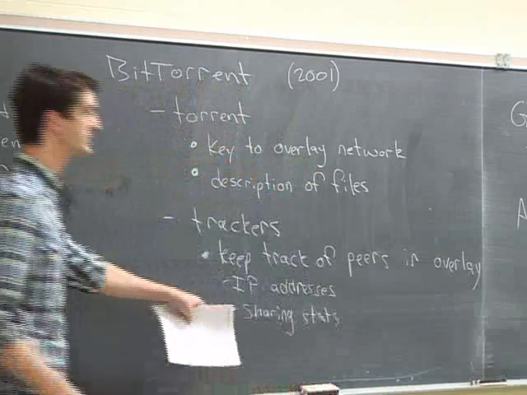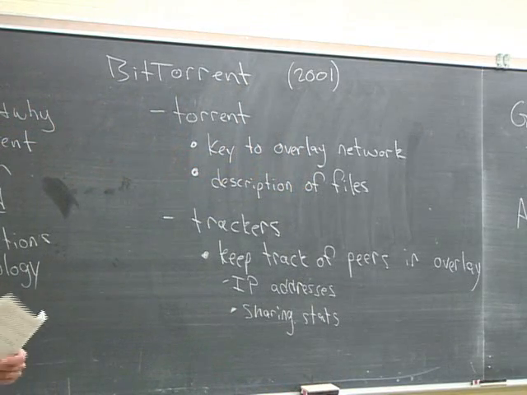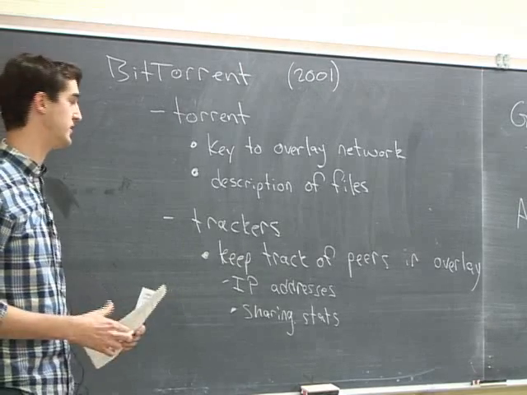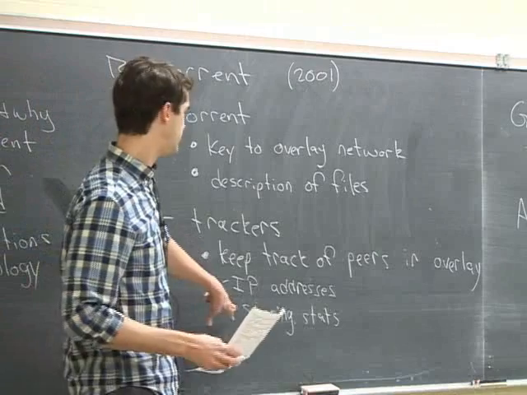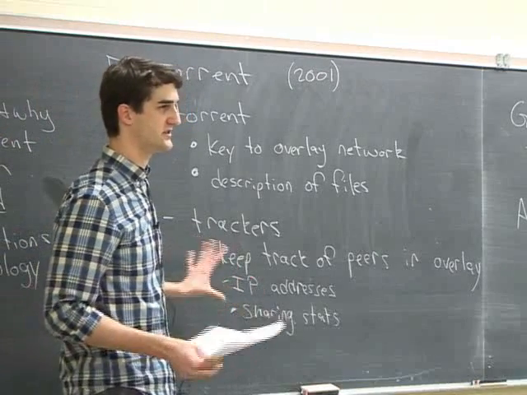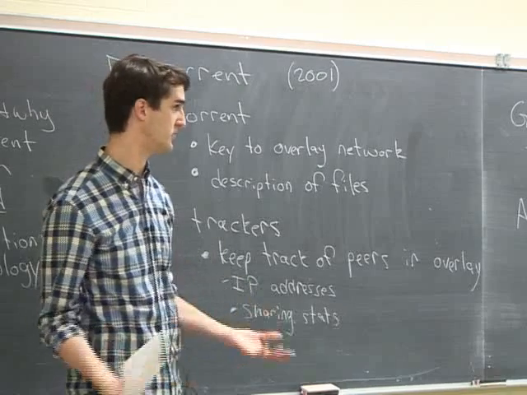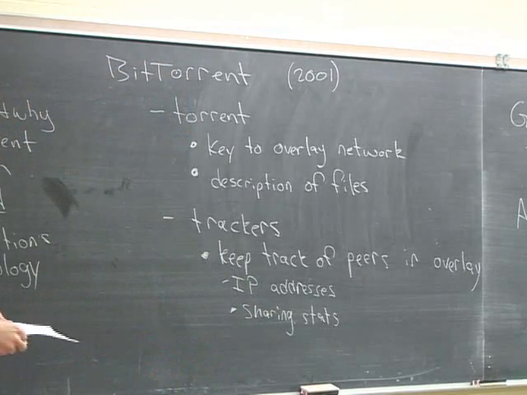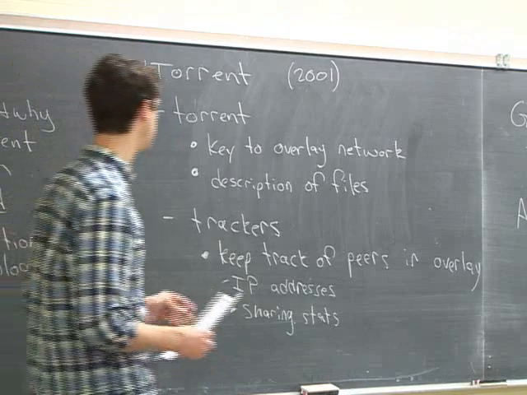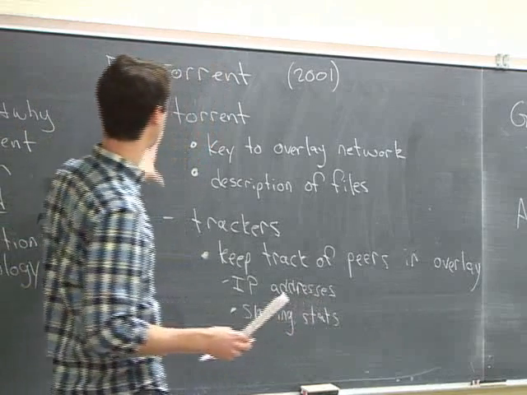Okay, and these sharing statistics are important because we'll talk about this problem of free riders and leechers and so on. So the tracker wants to keep track of some statistics to give more bandwidth to the people who are sharing more, okay? All right, so these are the main parts of Bittorrent.